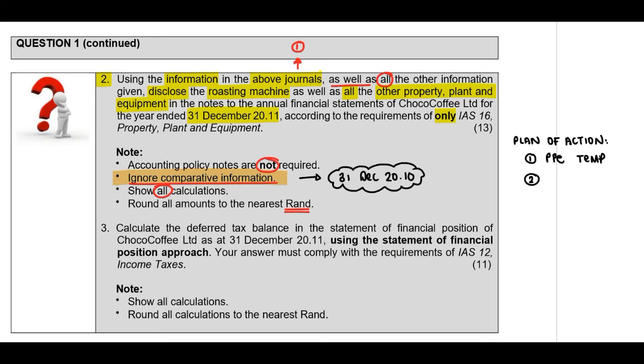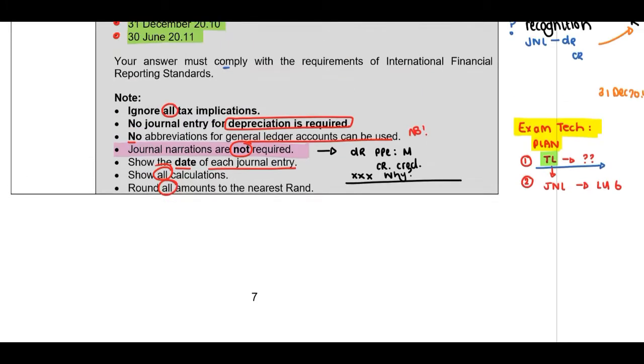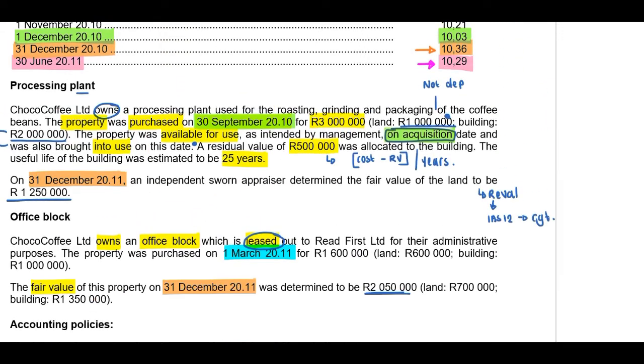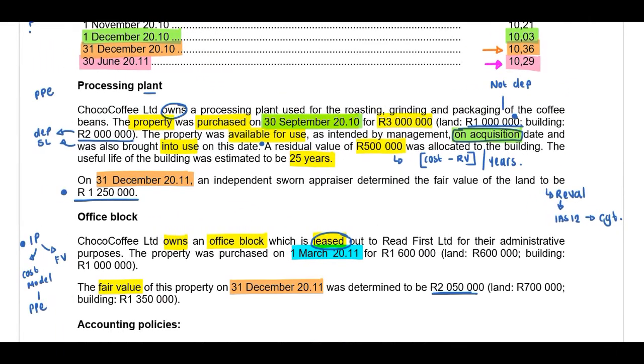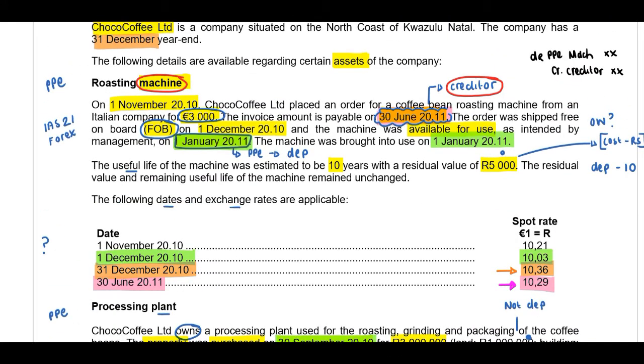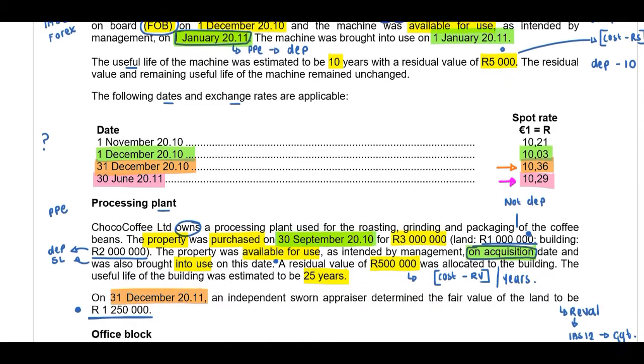Now, if we look at this, we need to include our roasting machine as well as all other property, plant and equipment. Right, now if you refer to our scenario, remember during our reading time, and this is important, we have identified, when you look at the left side, yes, we need to include our roasting machine for 31 December 2011.